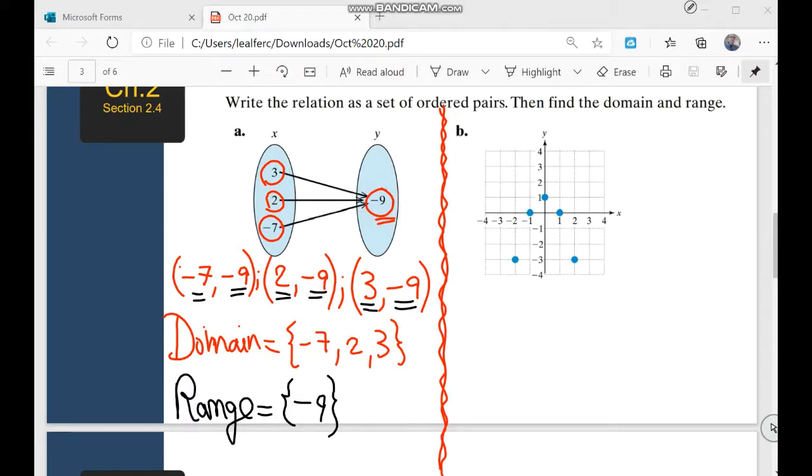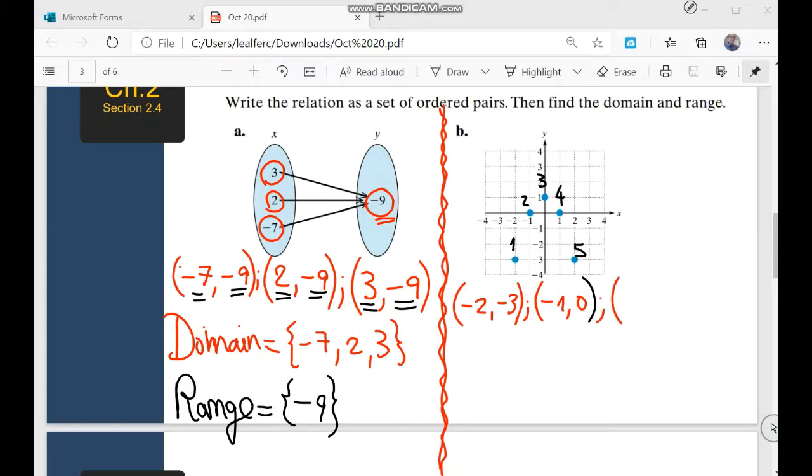Next, the other example. We have the rectangular coordinate system here, the xy plane. Can you see? And we have 5 points. The coordinate of point 1: x equals -2, y equals -3. Point 2 is x equals -1 and y equals 0.